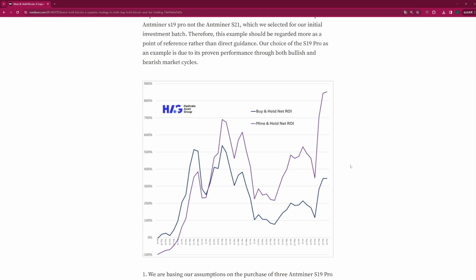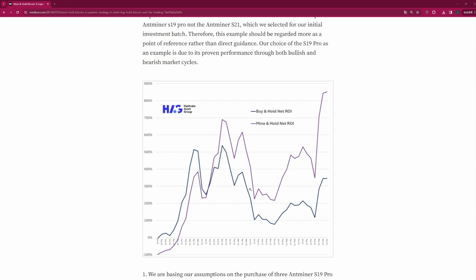If you invested around 9K back in July 2020, the price of Bitcoin at that time was about 9K plus, so you could buy about 319 S19 Pro at the time. If you buy and hold the Bitcoin, the result will be in this blue line. And if you mine and hold the Bitcoin using S19 Pro, the result will be in the purple line.